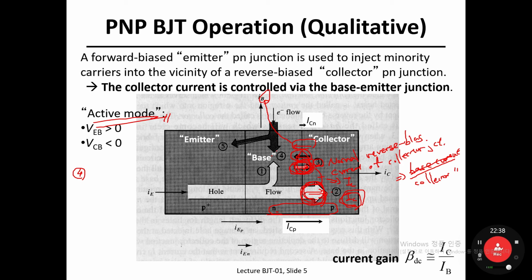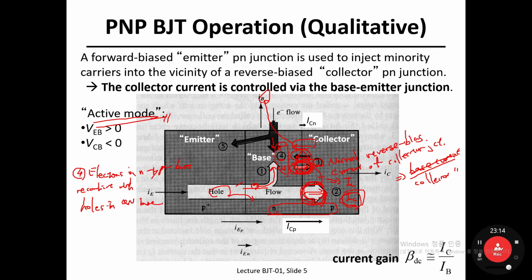Okay, and now take a look at number 4. Part of the holes are injected into the base region, and part of them are used to recombine with electrons in the n-type region. So number 4 indicates the recombination current. Electrons in the n-type base recombine with what? Yeah, with the holes in the quasi-neutral base region.